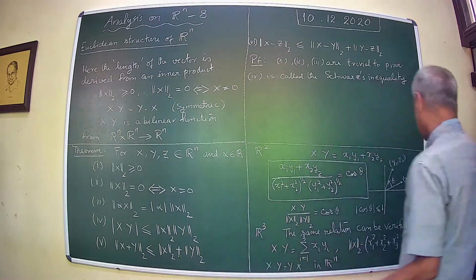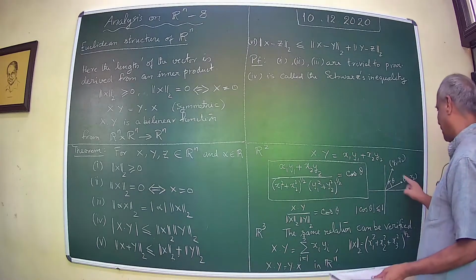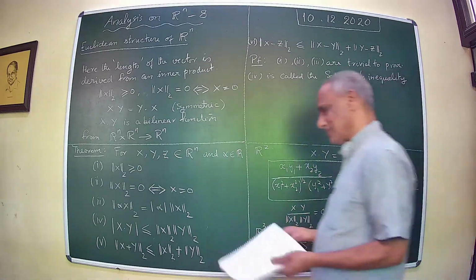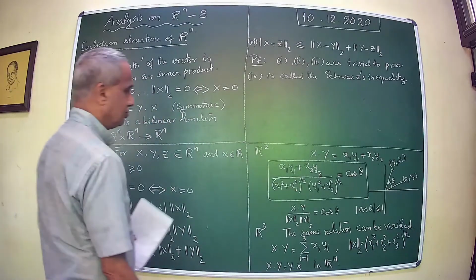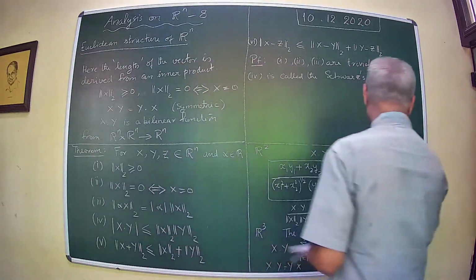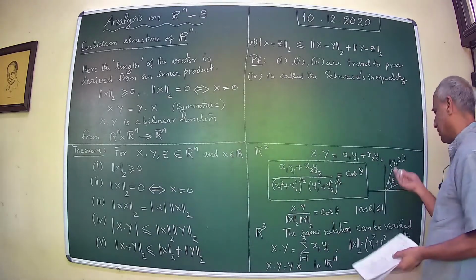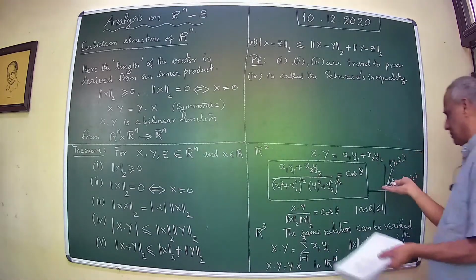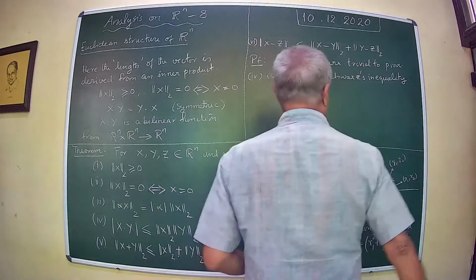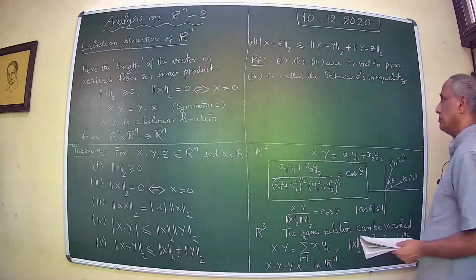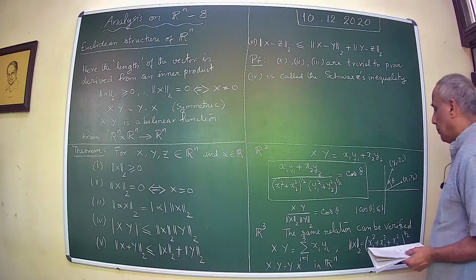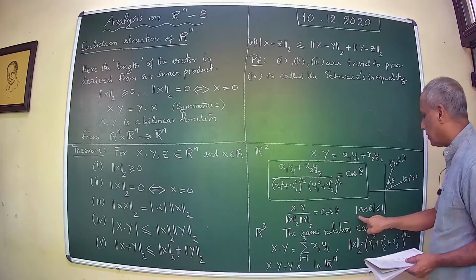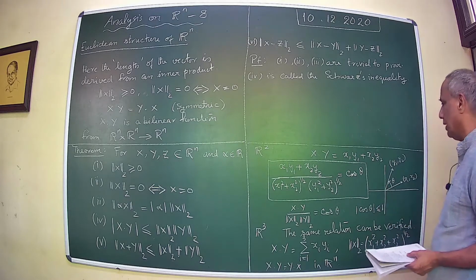It's quite easy to prove. You can put it in the polar form, take x1 y1 plus x2 y2, and then divide by the lengths, which will be r1, r2, etc. But the important thing is that mod cos theta is less than or equal to 1.